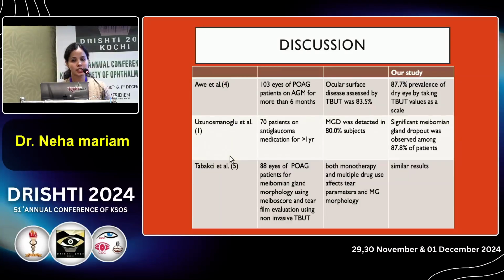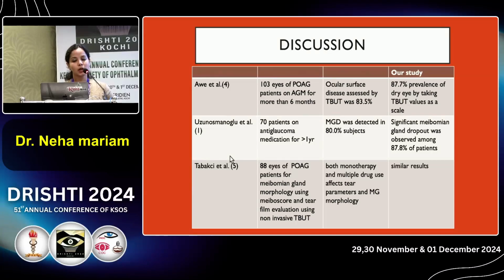Coming to the discussion, a study by O et al. studied 103 eyes of primary open-angle glaucoma patients on anti-glaucoma medications for more than 6 months, and 83.5% of the patients were found to have ocular surface disease according to tear breakup time. In my study also, 87.7% had dry eye according to the tear breakup time values.